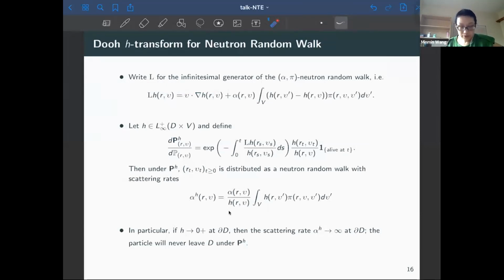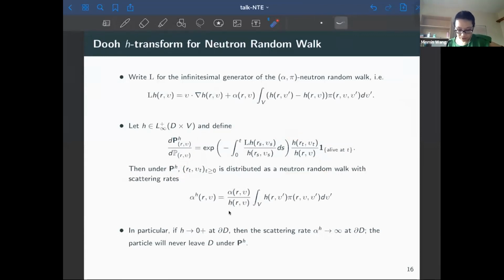It turns out this quantity here is a martingale. Once we have a martingale, we can use it to perform a change of measure. I'll denote by P^h this new probability under the change of measure. You can think of it as some sort of biasing, but it turns out P^h has a very neat interpretation in terms of a neutron random walk.